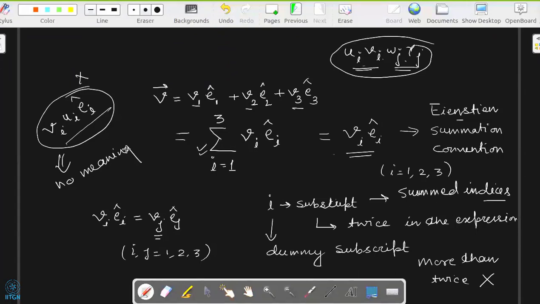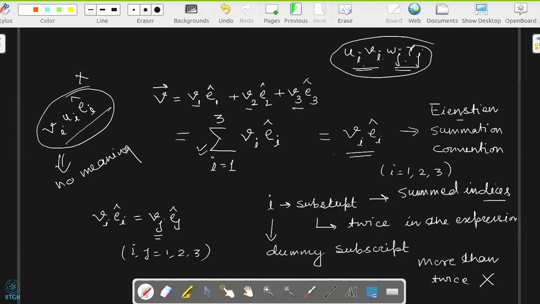There is a free index concept also that we will discuss in the next class. In the next classes, you will see how multiplication, addition, and various vector algebra, vector calculus, tensor calculus and field operations can be done in a very easy way by using this index concept.